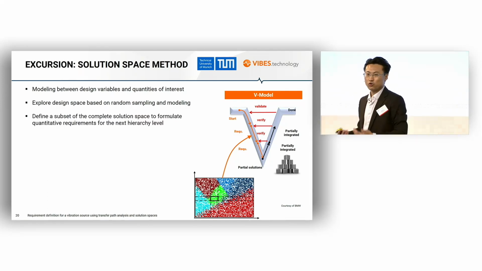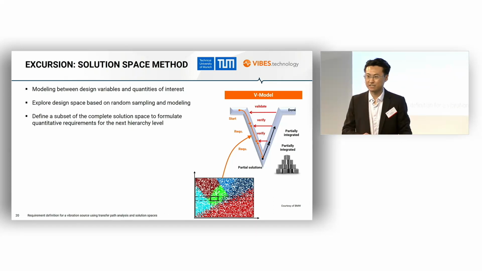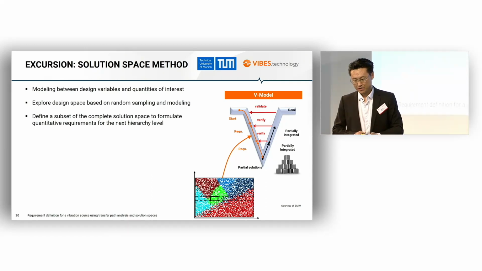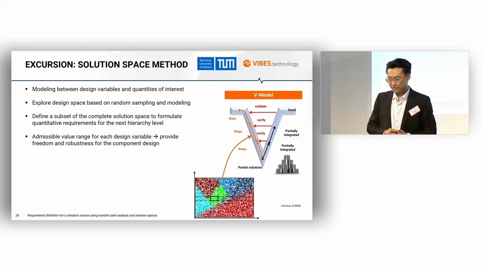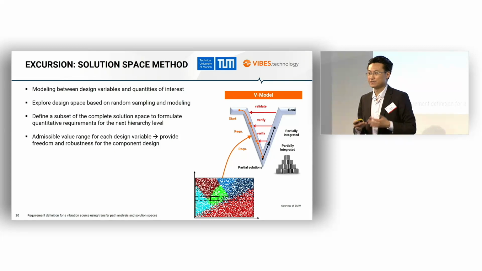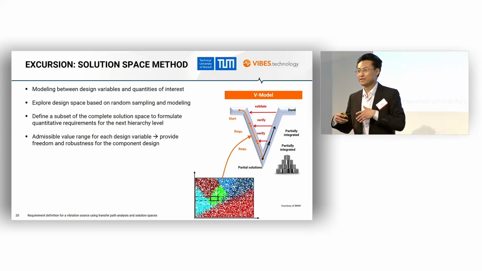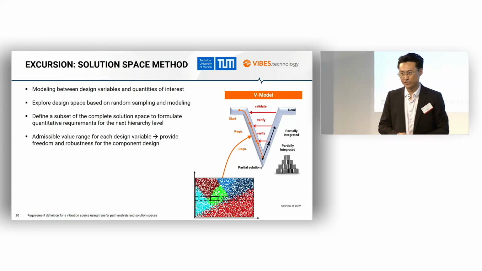And the core idea of the solution space is to just define a subset of the complete admissible area. And based on this subset, an individual admissible value range is identified for each quantity. The requirements are formulated with these value ranges.